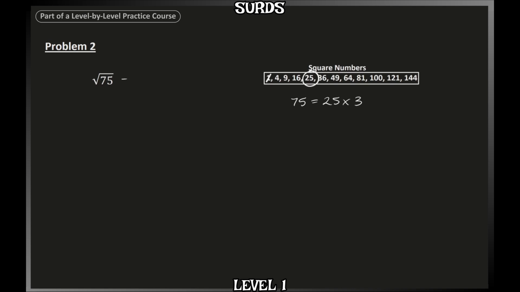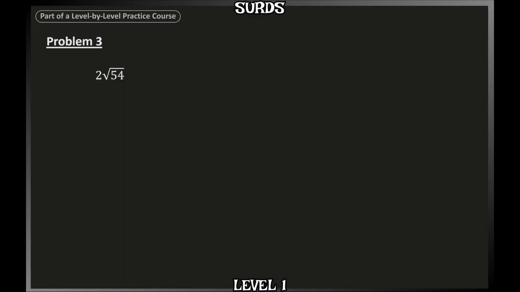So we can rewrite the square root of 75 as the square root of 25 multiplied by the square root of 3. And because 25 is a square number, we can square root it, and the square root of 25 is 5. So this becomes 5 root 3, and this is simplified, so it's our final answer to problem 2.